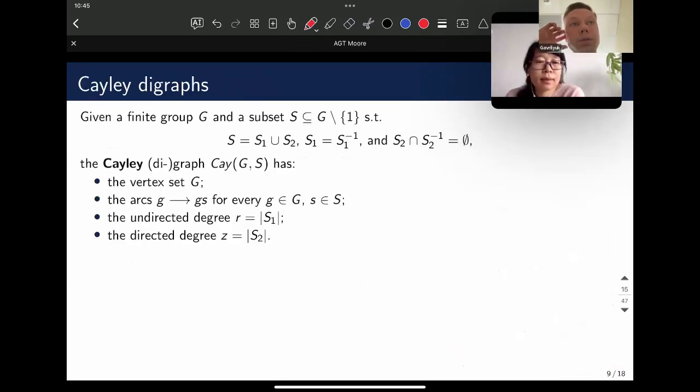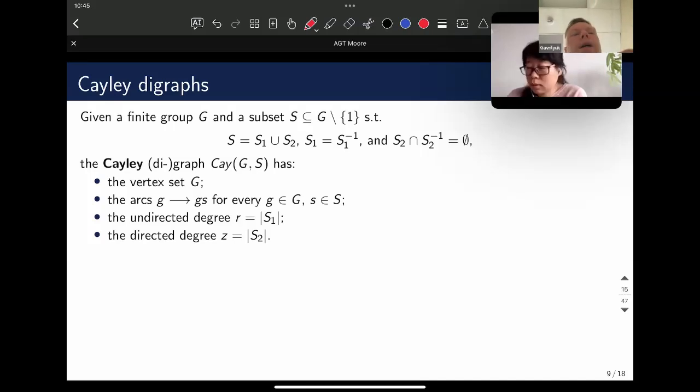Okay, so let me briefly recall the definition of a Cayley digraph. It's the same as a Cayley graph, but the difference is that the connecting set in this case doesn't have to be closed with respect to inversion. So in general, given a group G, we take any connecting set S which doesn't contain the identity element, and then we split it into 2 parts, S1 and S2. S1 is closed under inversion, and S2 doesn't intersect S2 inverse.